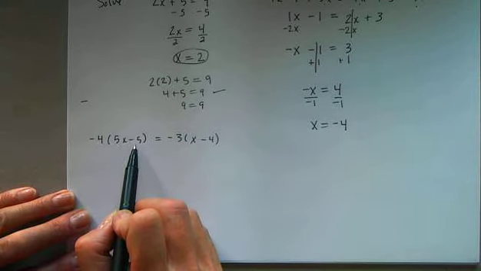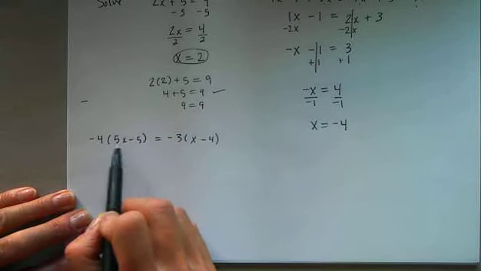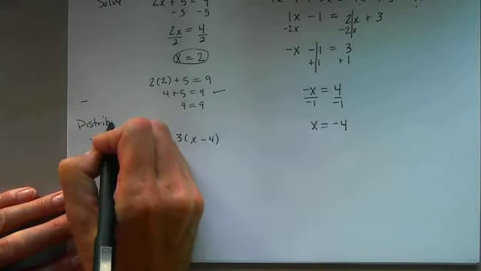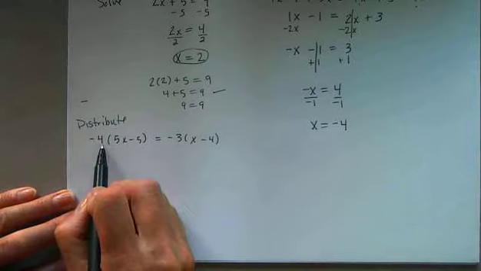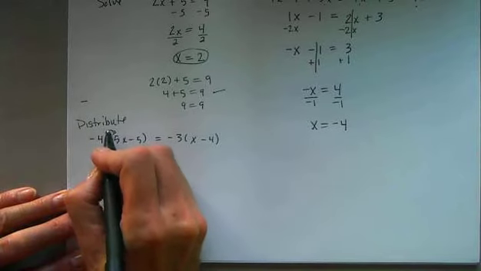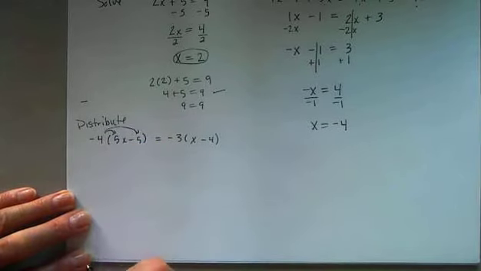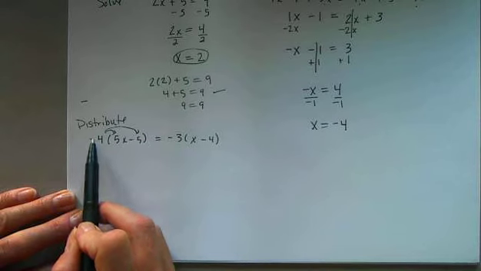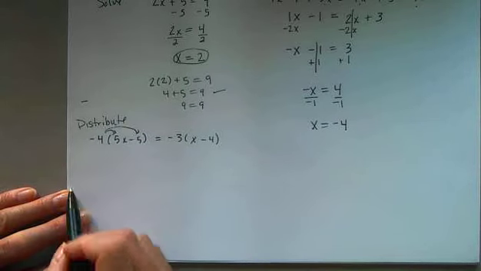So what we do to get them out of the parentheses is that word we all love, distribute. We're going to distribute, which means that I'm going to take this -4 and I'm going to multiply it by the 5 and by the -5. And I chose a negative because there are lots of mistakes when I ask students to distribute negatives, because you have to make sure you remember that negative when you distribute it all the way through.